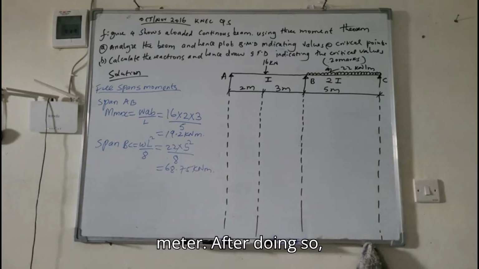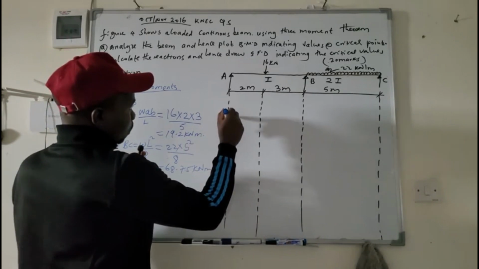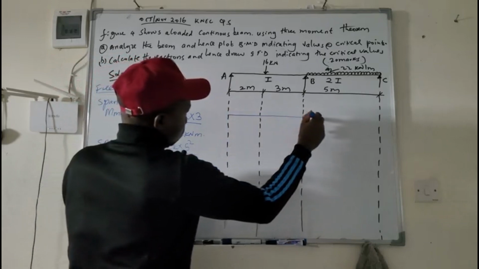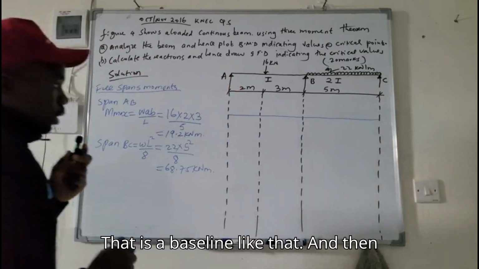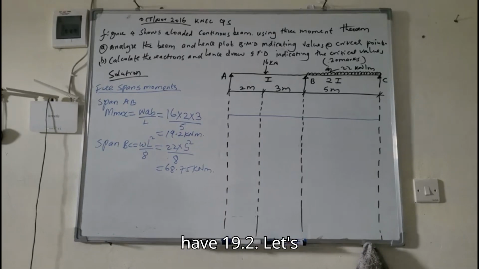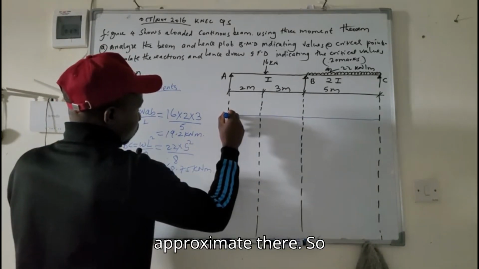After doing so, the next thing to do is to draw the free span bending moment diagram. So let's do it here. That is a baseline like that, and then you approximate the values. We have 19.2. Let's approximate there.